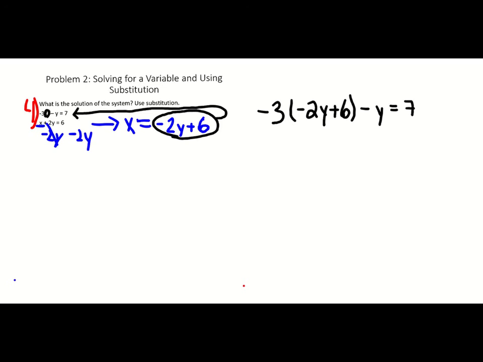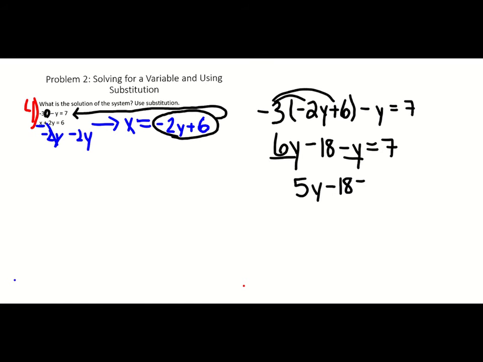And I'm going to solve this equation now that I've put the two together. So negative 3, distribute that. I'm going to get 6y minus 18 minus y equals 7. Combine my like terms. 6y minus y is 5y minus 18 equals 7.